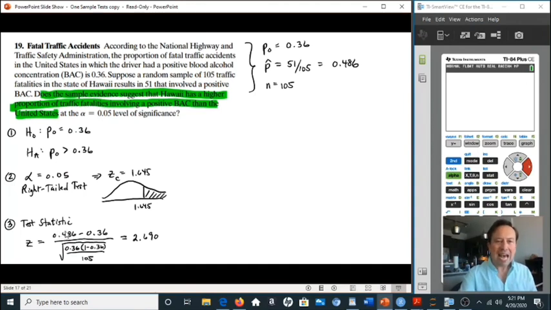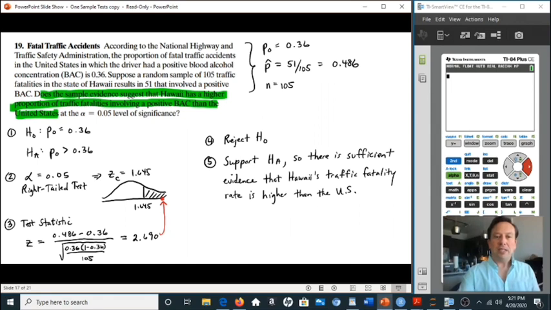Remember, it's p-hat minus p null. So it's 0.486 minus 0.36, not the other way around. When you do that, you get 2.690, which is in the tail, because it's higher than 1.645. So since my statistic is more than my critical value, it ends up in the tail, or in HA, which means I reject the null hypothesis.